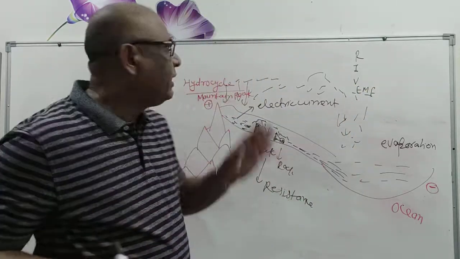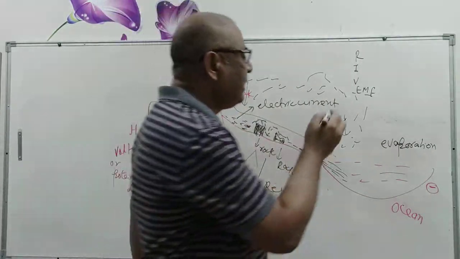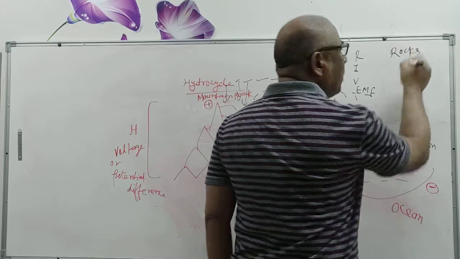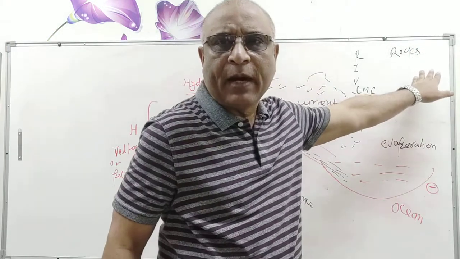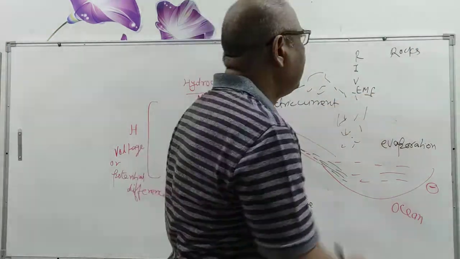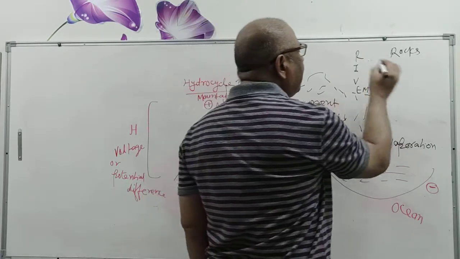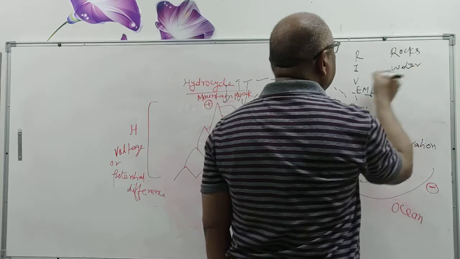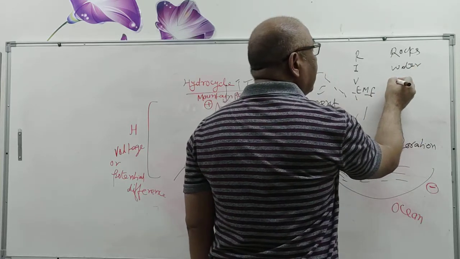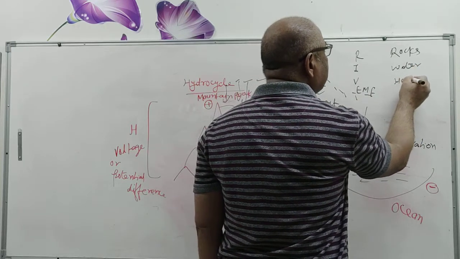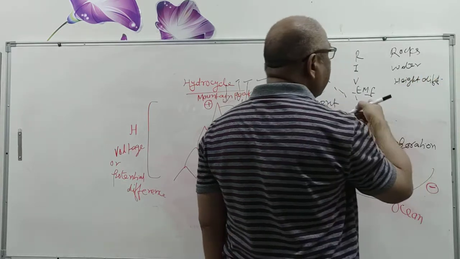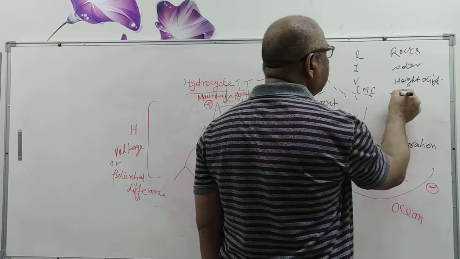In day-to-day life, in the hydro cycle, we compare resistance with the rocks in the path of the water. Okay? I as the water, V as the height difference, and EMF is the evaporation.